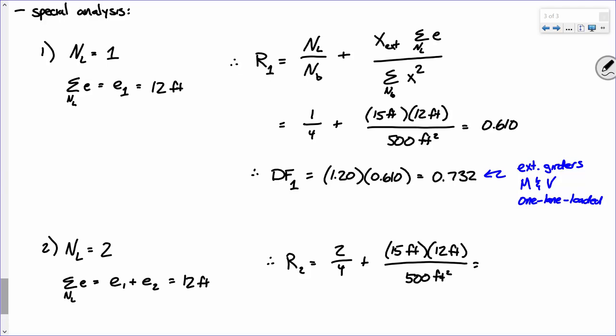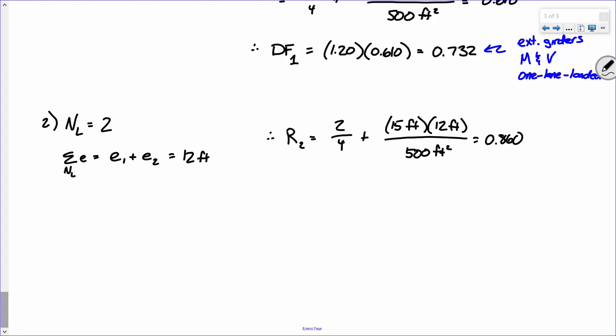I got 0.86. Yeah. Because I think the difference between the first one and the second one is we're only adding 1/4. So if you take that first one and add 0.25, that's what you should get. Sound good? All right, now, is that our distribution factor? Well, we take our distribution factor, or I'm getting ahead of myself.